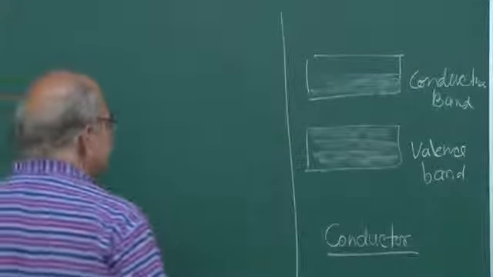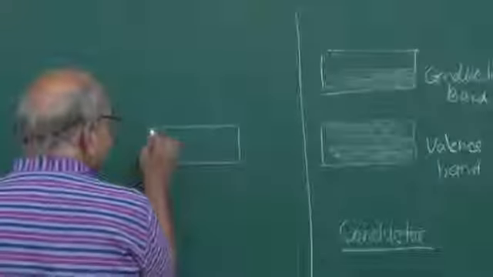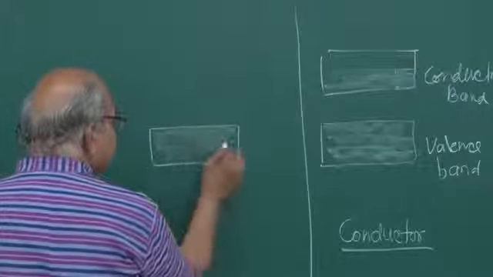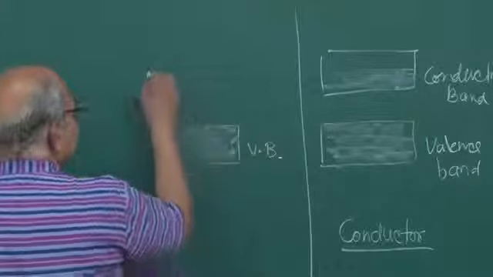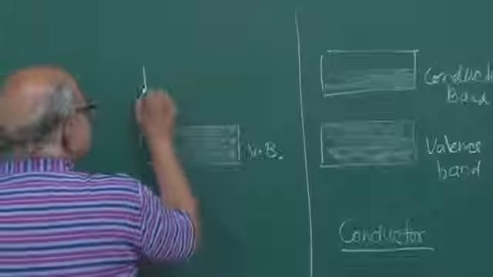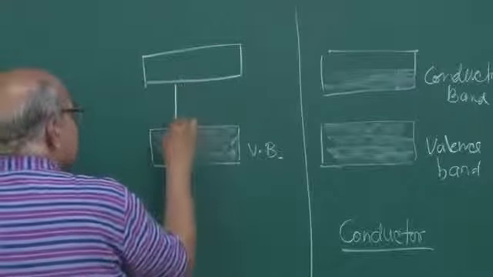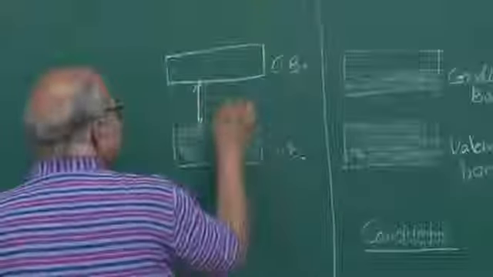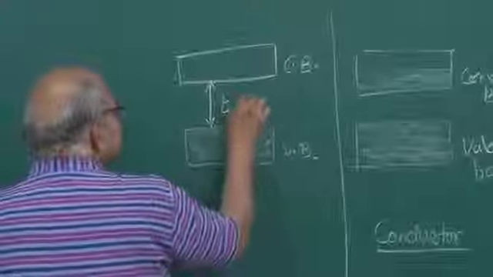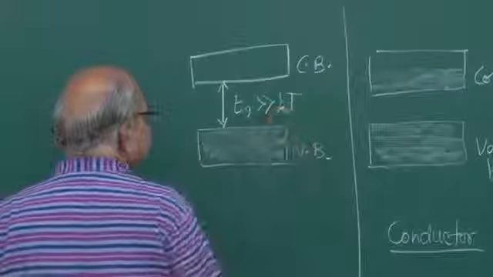Then the other variety is that the conduction band is completely empty. So the valence band is here, and the conduction band is completely empty, and this energy gap between the valence band and conduction band is much larger than kT.